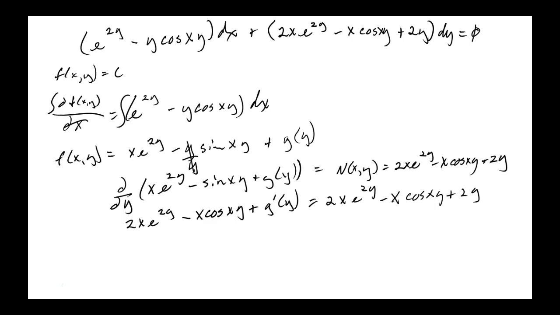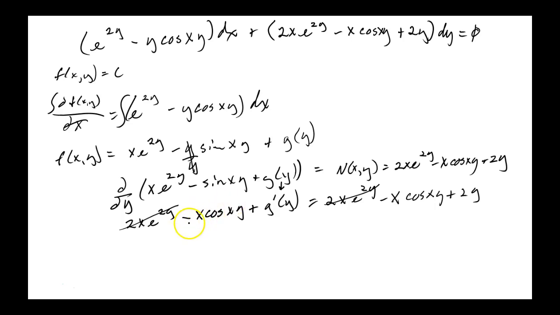Yeah, okay. Now, what do we want to do? Isolate your g prime, because we're going to undo it. So that means we're going to subtract the 2x e to the 2y from both sides. I just did.